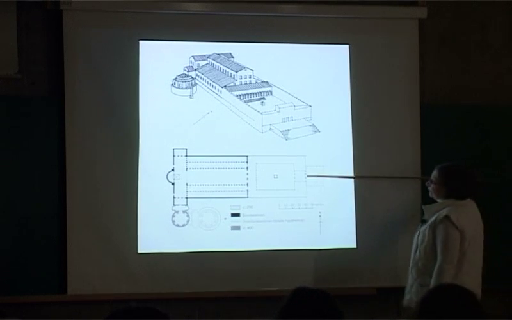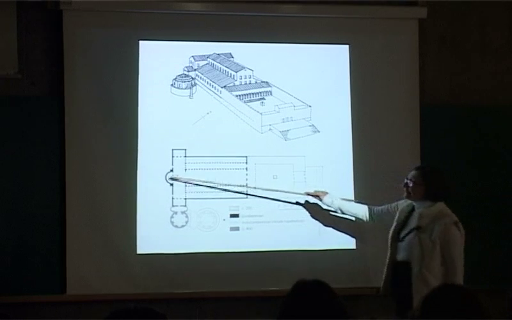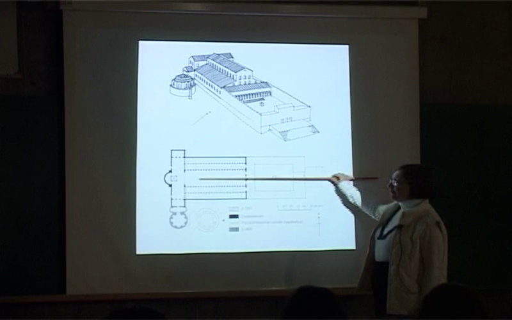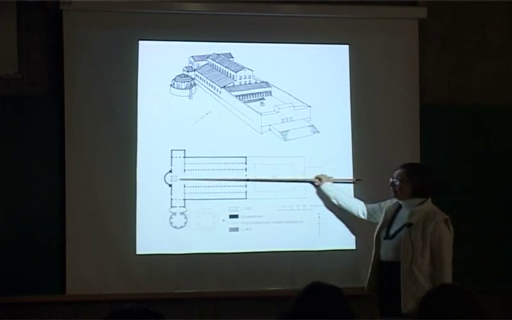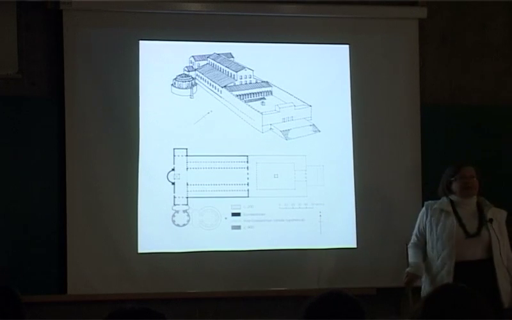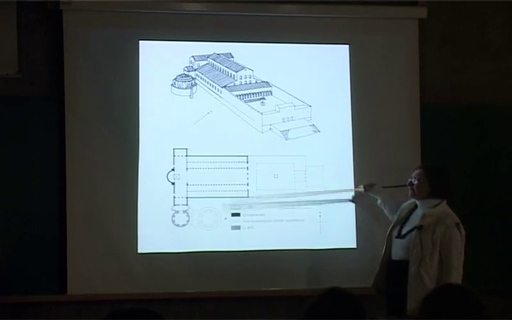It has a longitudinal processional axis terminating in the apse, so it has a rather strong directionality regulated by the apse, and it is flanked by double or single aisles on both sides.